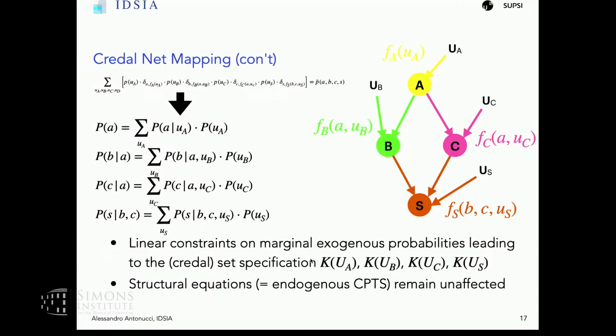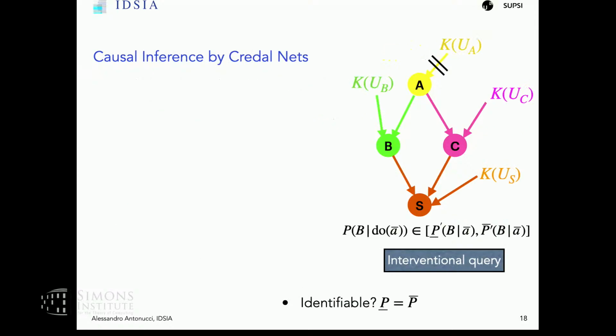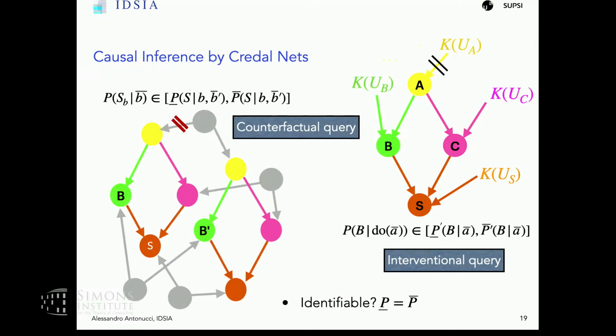In the case of a confounder, it's still doable, and that is what we do. The problem is when we have an endogenous variable with multiple latent parents. This is more tricky. And that's why, okay, we do inference. We can use credal network inference algorithms to solve causal inference, but this is something we did about 2 years ago. And at some point, we realized that we should do more. This is for a standard interventional query.